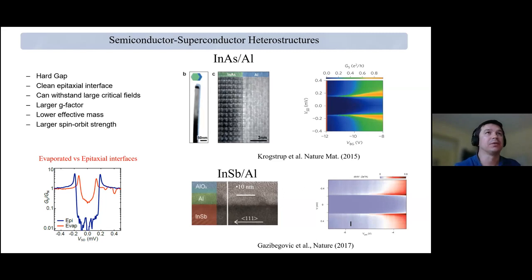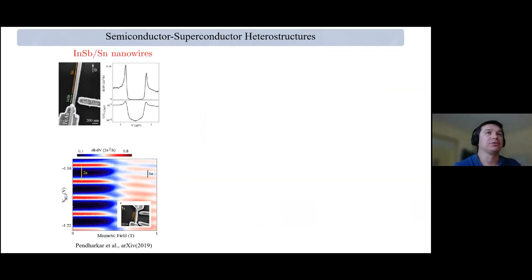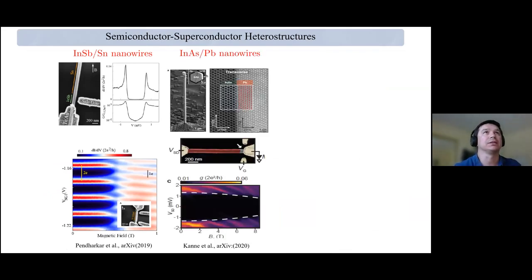However, very recently we've seen other interesting material combinations being realized in the lab: tin-indium antimonide nanowires, or lead-indium arsenide nanowires.